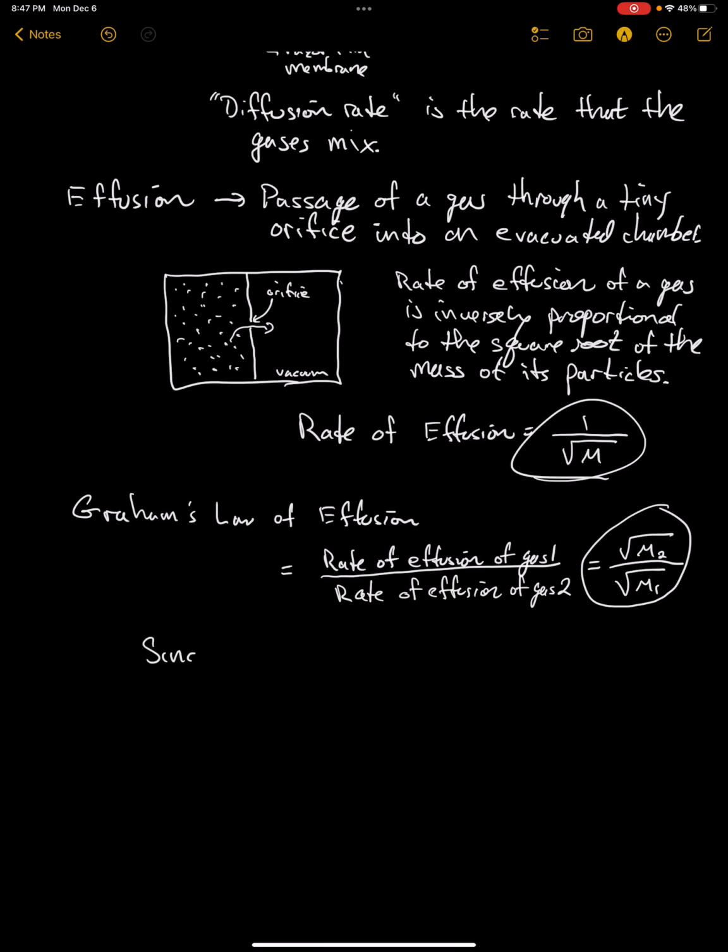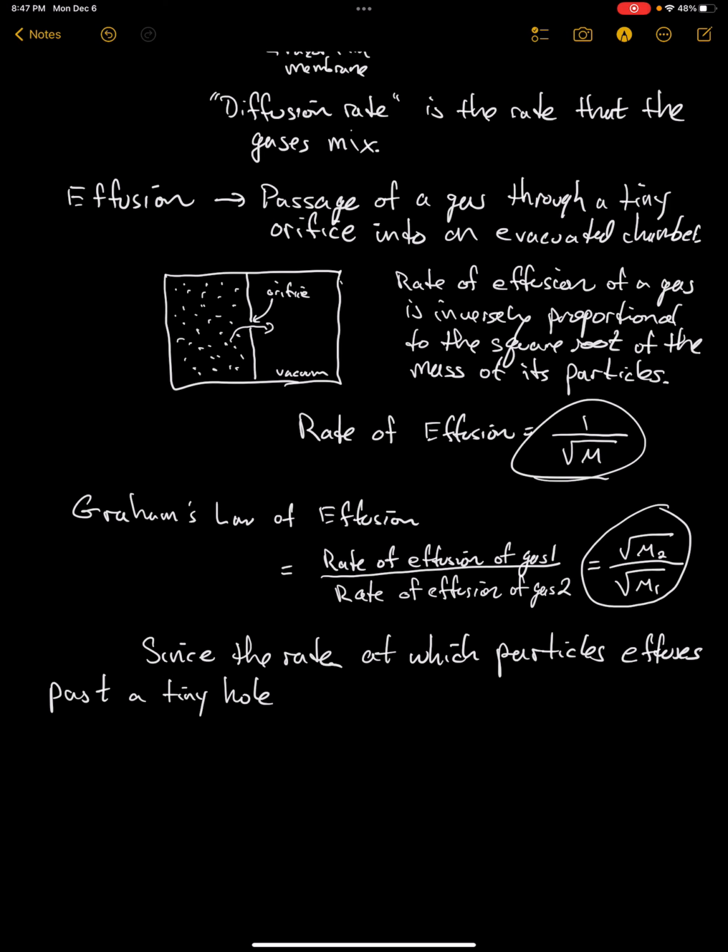So since the rate at which particles effuse past a tiny hole depends on its velocity, we can use the kinetic theory of gases.